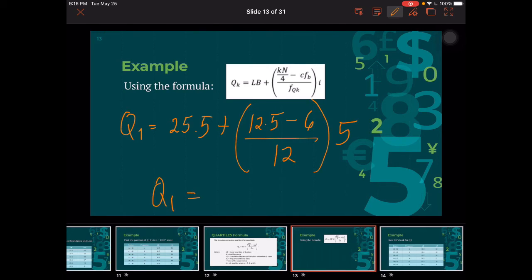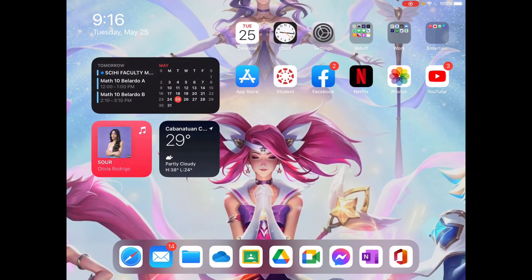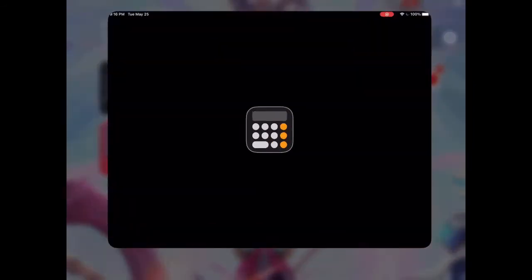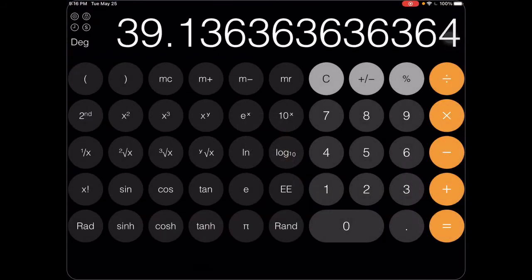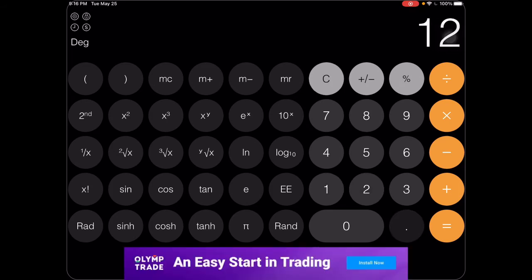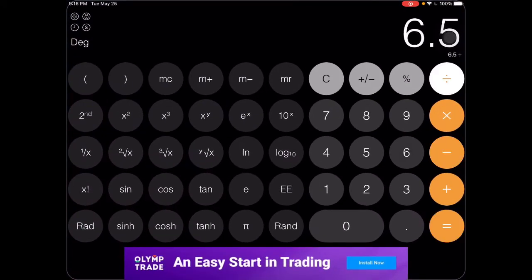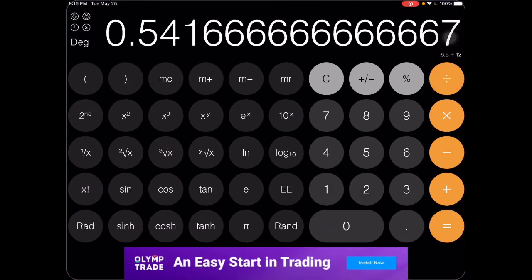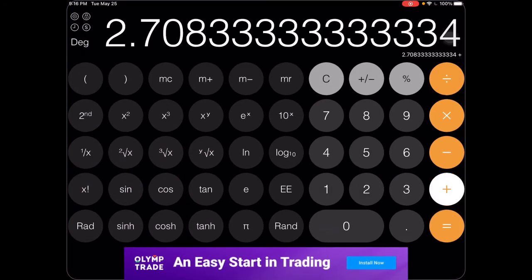Okay? So, syempre, gagamitan natin ito ng mahiwagang calculator. Saan yung calculator natin? Ayan. Okay, so, 12.5 minus 6 divided by 12 times 5 plus 25.5.